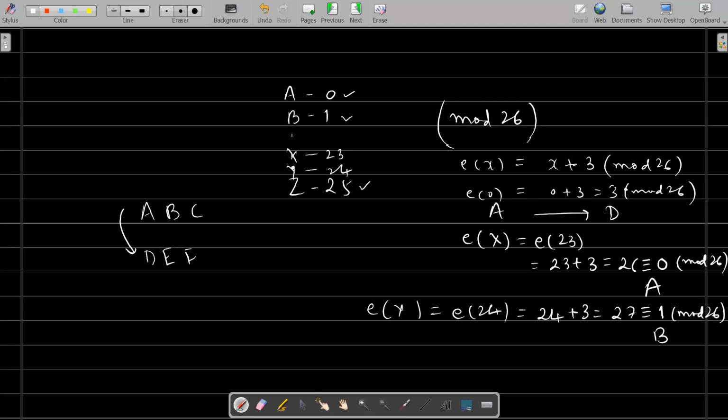From D, I'll get A, from E I'll get B, and from F I'll get C. So I'll get 3 places back. It's shifting by 3 places forward, and therefore to get back the original message, I have to shift backwards by 3 places. That is the idea.